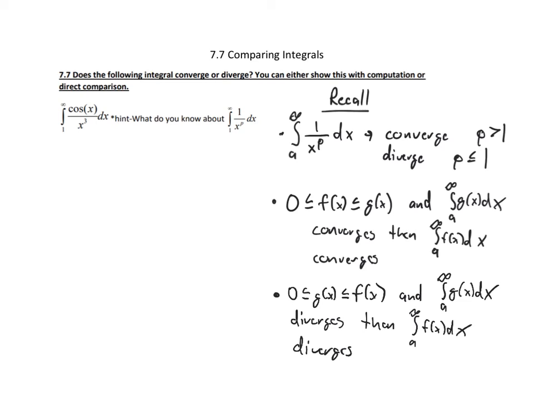Then I asked, how do we know whether the integral from 1 to infinity of cosine of x over x cubed dx converges or not?